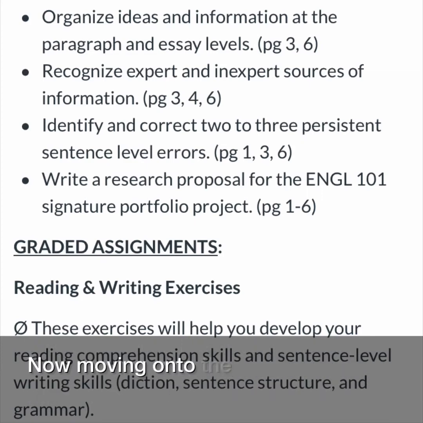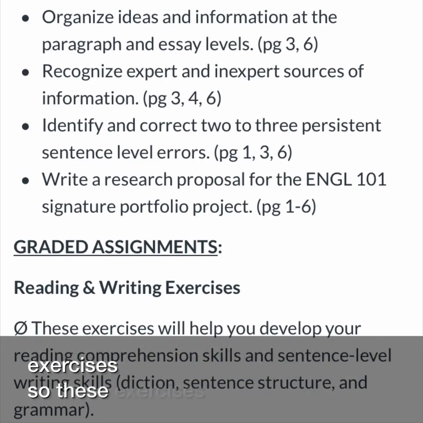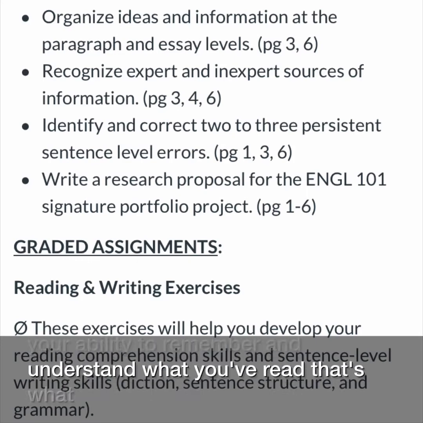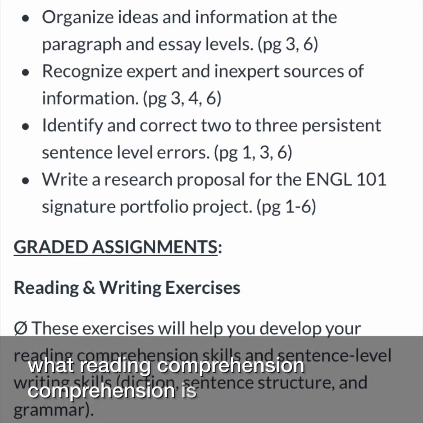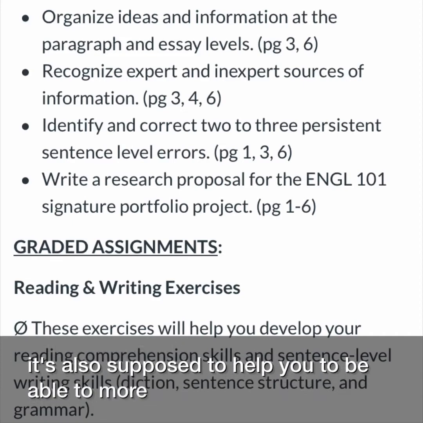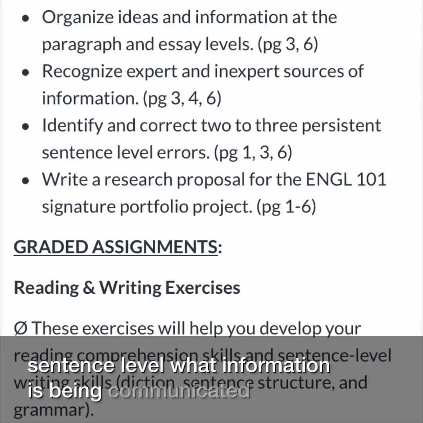Now, moving on to the types of assignments we'll have, the first category includes reading and writing exercises. These exercises are designed to help you strengthen your ability to remember and understand what you've read. That's what reading comprehension is. It's also supposed to help you more easily understand on a sentence level what information is being communicated.